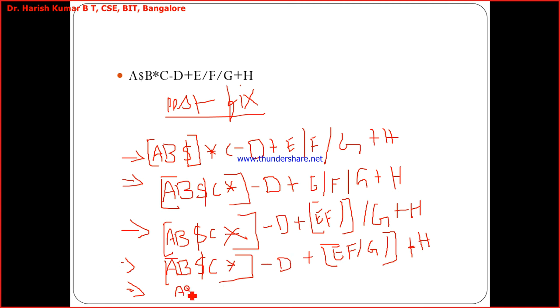A, B, dollar, C, star, D, minus. Okay, now this whole thing is one operand, so you go for using this big bracket.